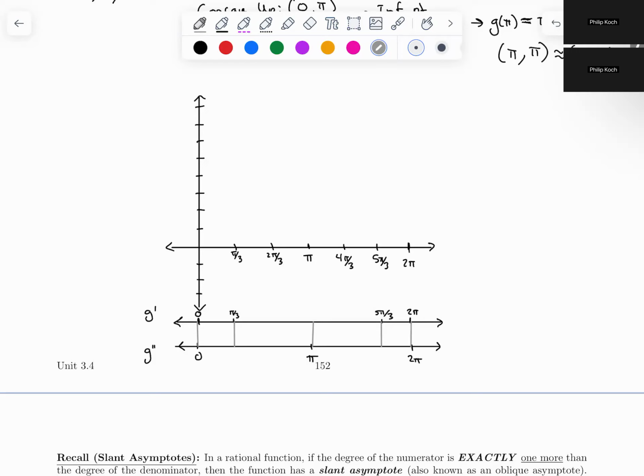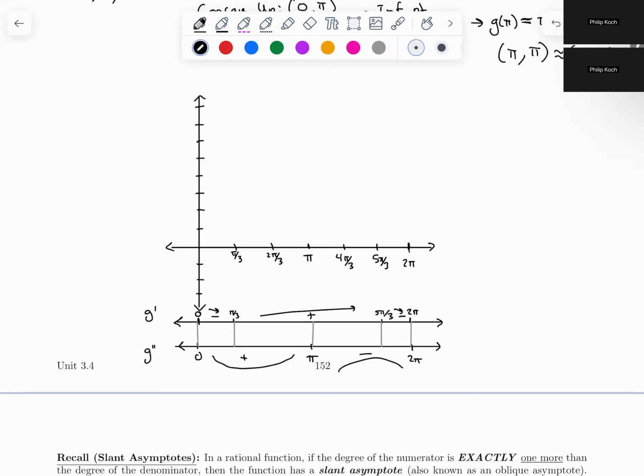But rewriting this, it was decreasing, increasing, decreasing, and it was concave up and concave down here. So I want you to fill in the whole chart.